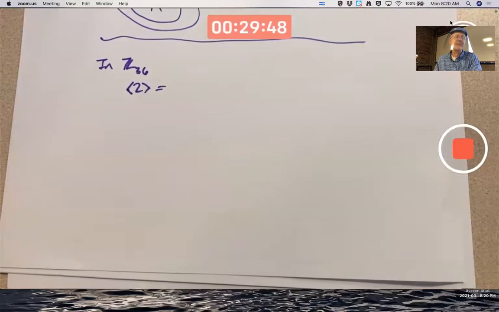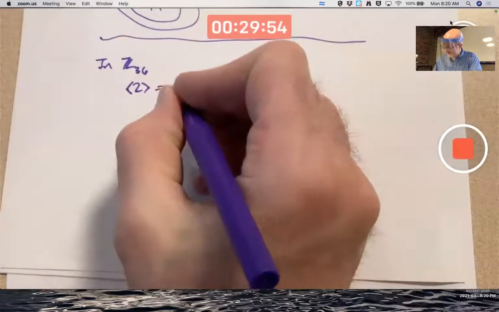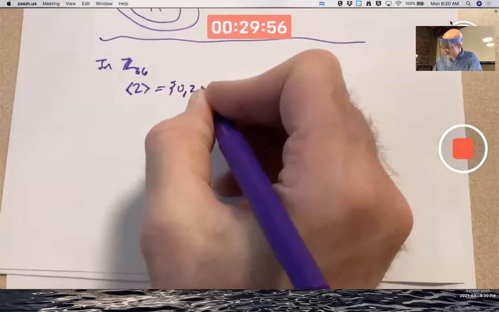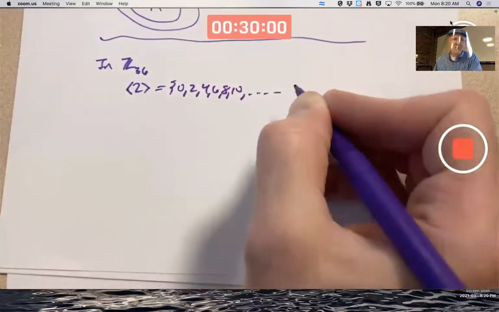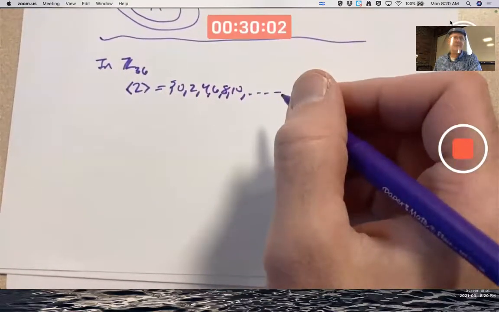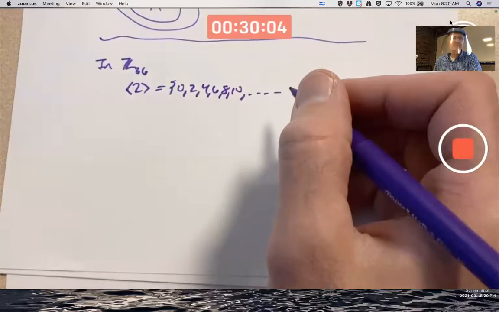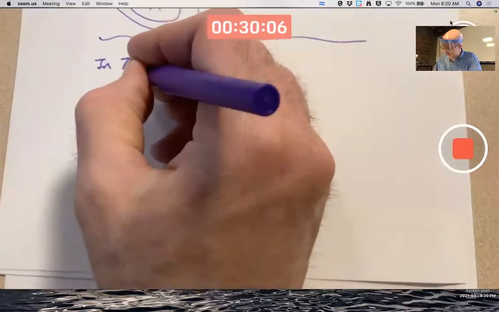Cyclic subgroups and principal ideals are going to be the same in Z, but also in Zn. These are all the things you could get by multiplying 2 by anything in Z36 and then modding by 36. You're never going to get an odd number.